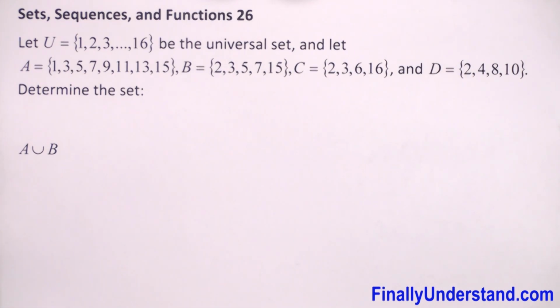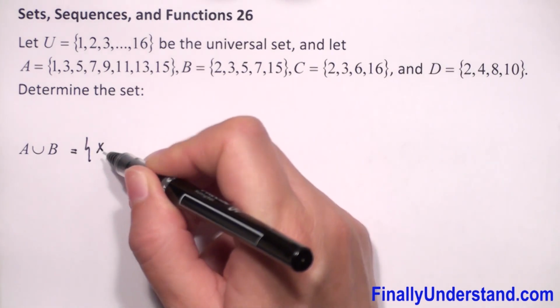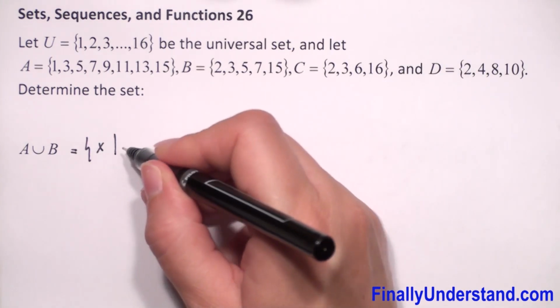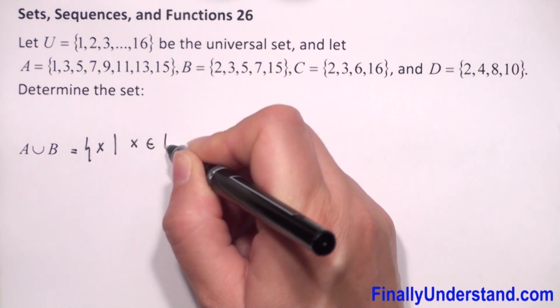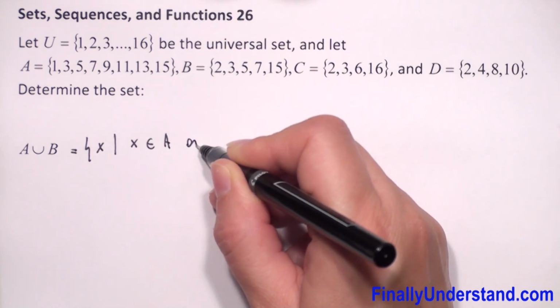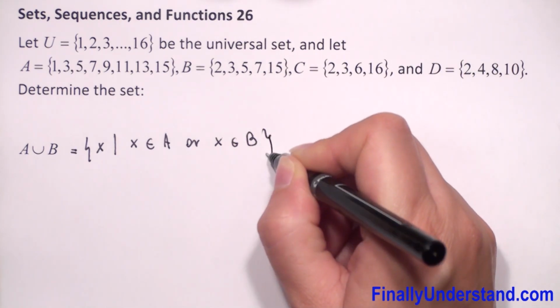Elements which belong to A or to B. So let me write this. This is all elements X such that X belongs to set A or X belongs to set B.